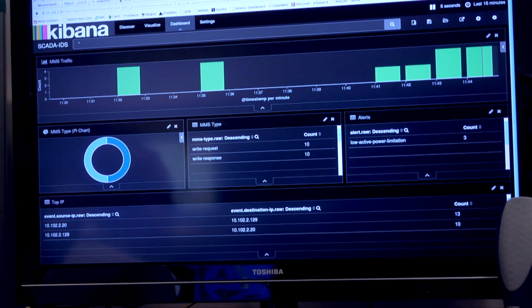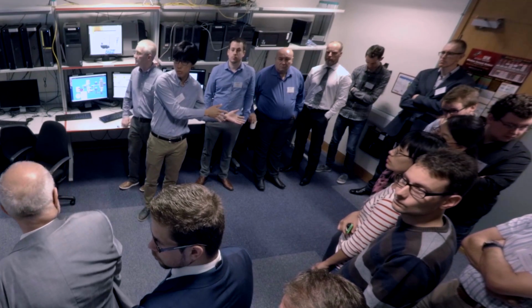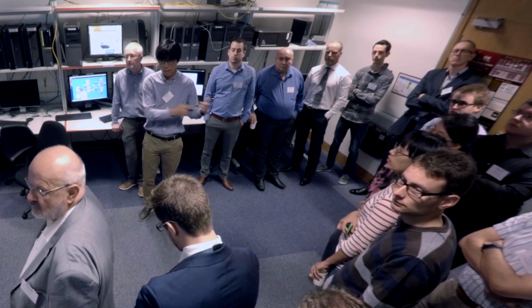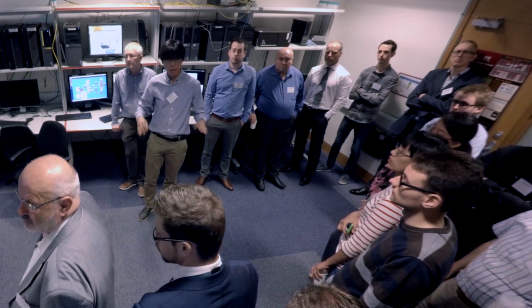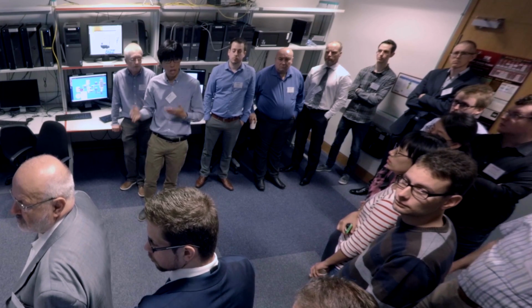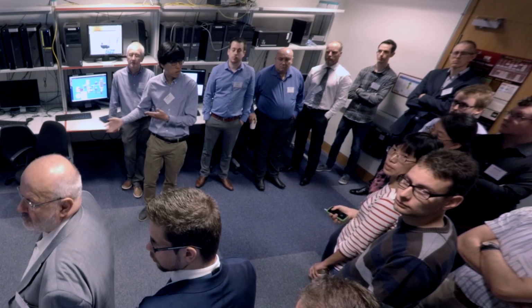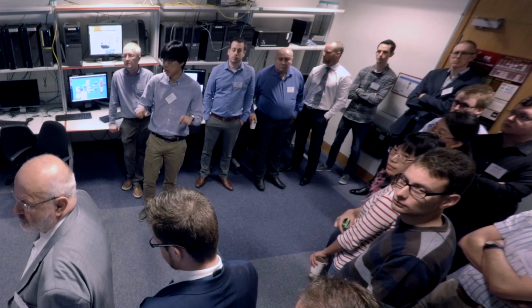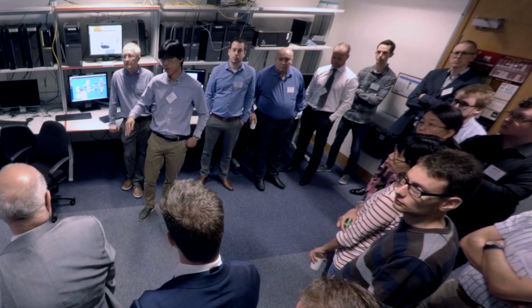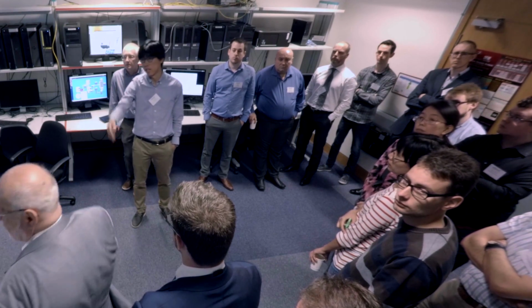You can see the number of traffic has been doubled because the man in the middle receives the packet and delivers it to the device as well, so it duplicates the traffic to make them believe they are talking to each other. If I don't deliver it, they will find out I don't get any traffic from the HMI device. They will find out something is going wrong on the network side. So we can see the duplication in there.